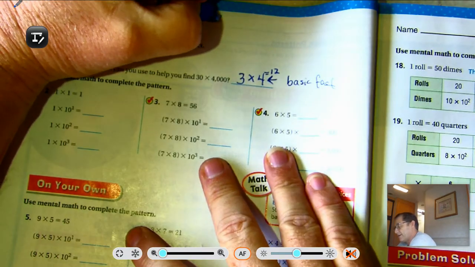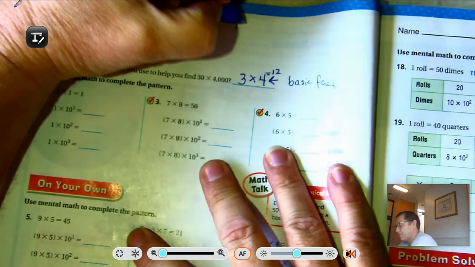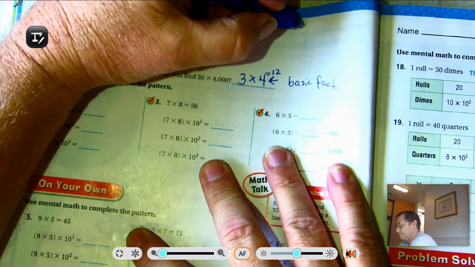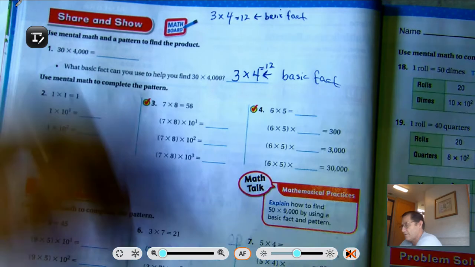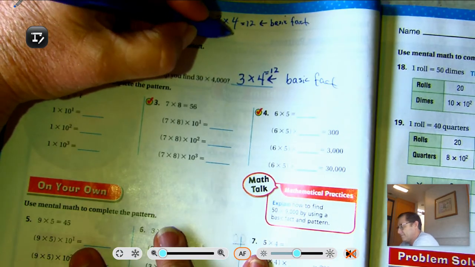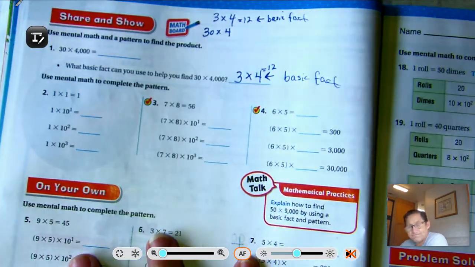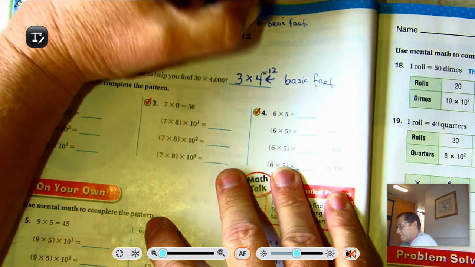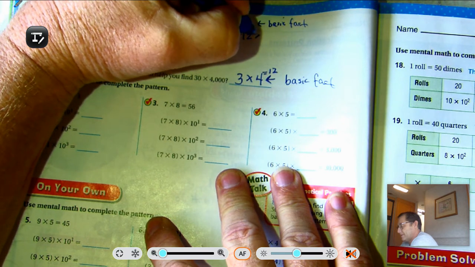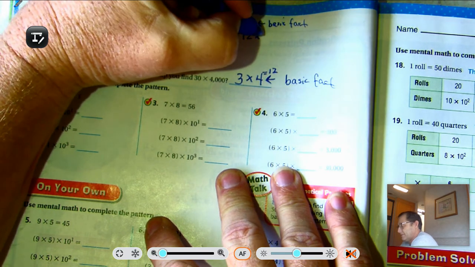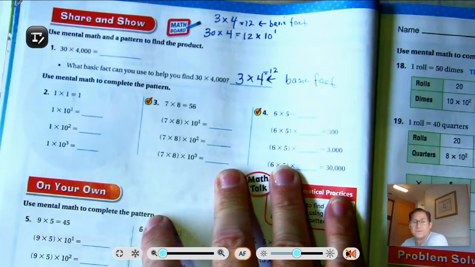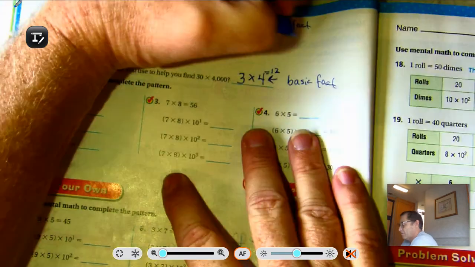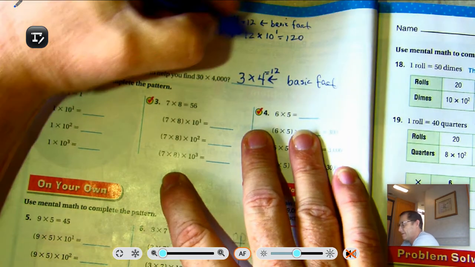So we'd have 3 times 4 equals 12 as the basic fact. 30 times 4, which equals 12 times 10 to the first, which would be 120.